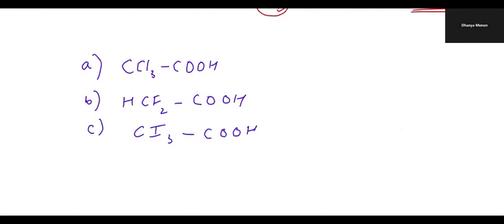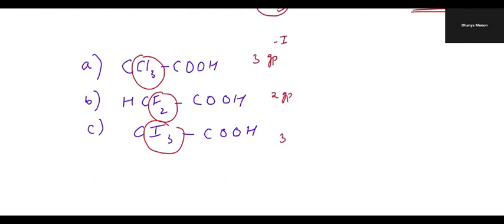So here there are 3 electron withdrawing groups present. Here there are 2. Here there are 3. So here there are 3 minus I groups, here there are 2 groups, and here there are 3 groups. See, the iodine has 3 groups, right?